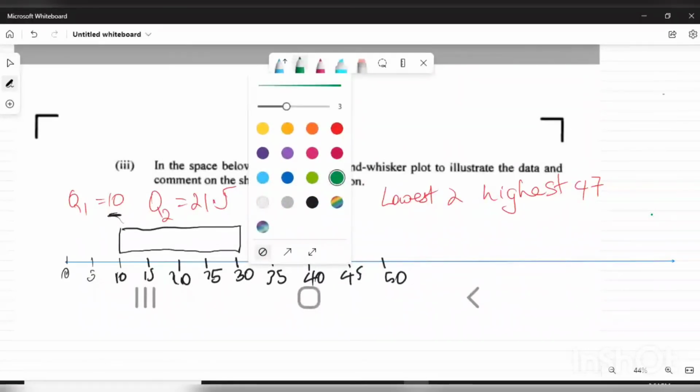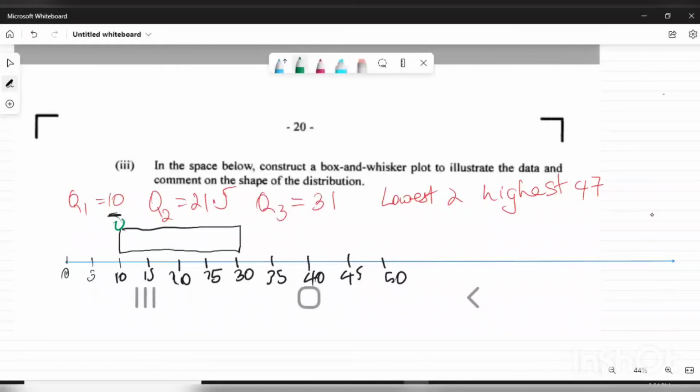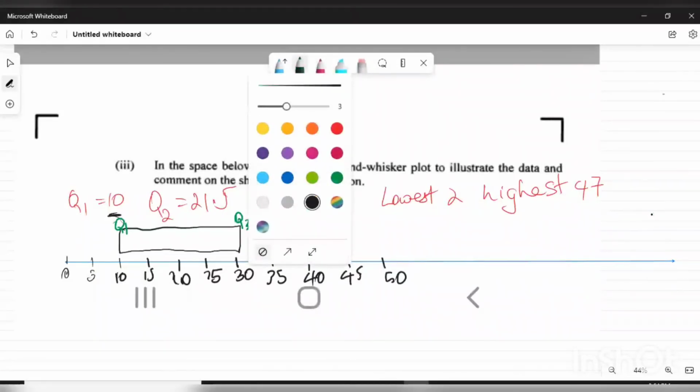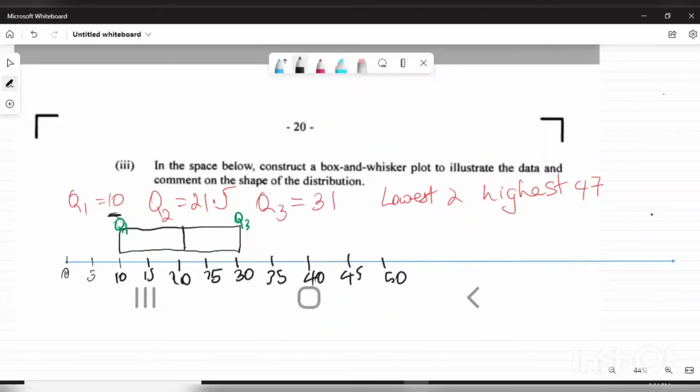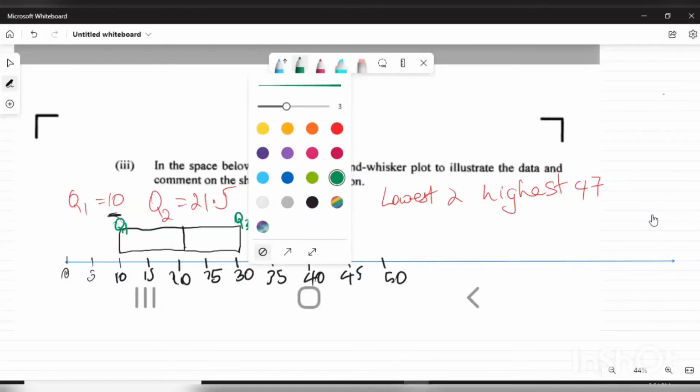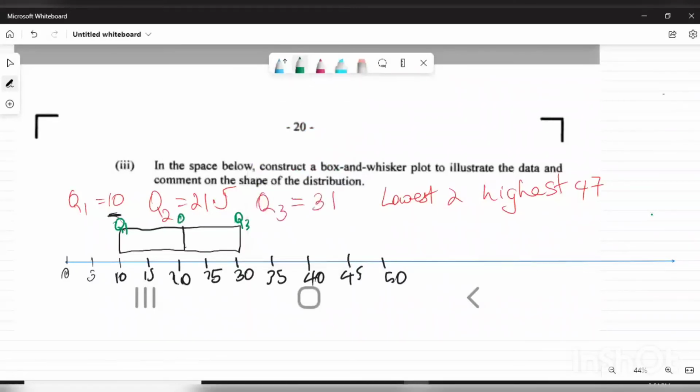This is where my Q1 is. This is where my Q3 is. And 21.5 is right here. So it's a little bit past 20, and that's your Q2.